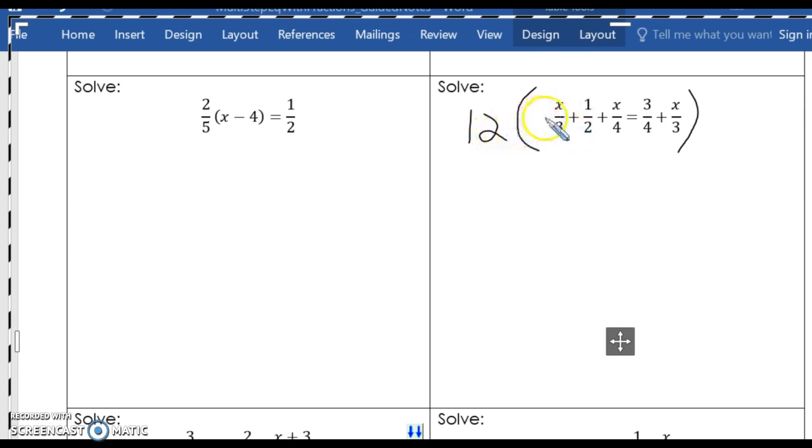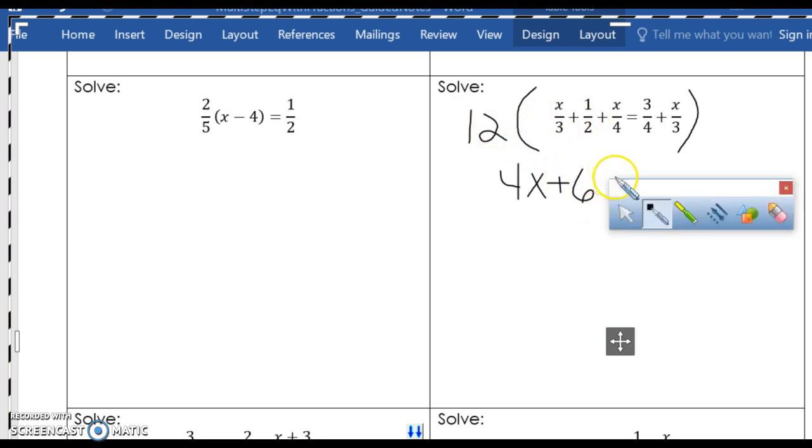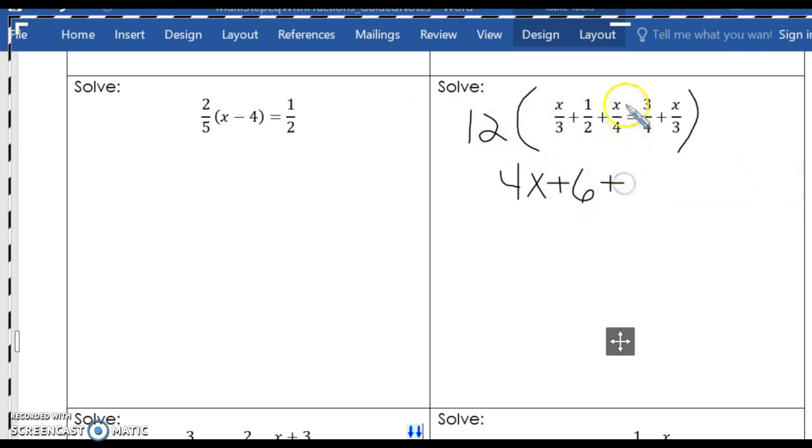So 12x divided by 3 leaves us with 4x. 1/2 times 12 is 6. 12x divided by 4 is 3x.